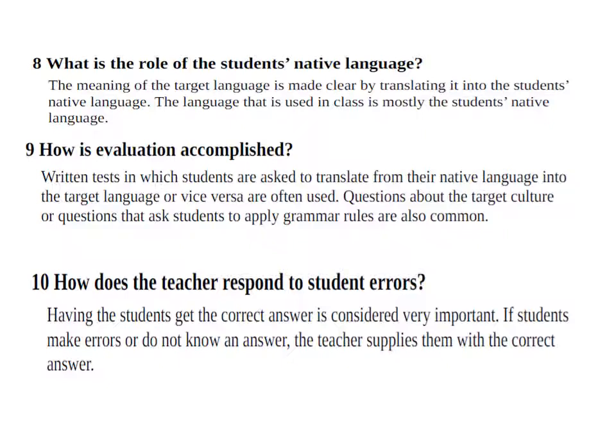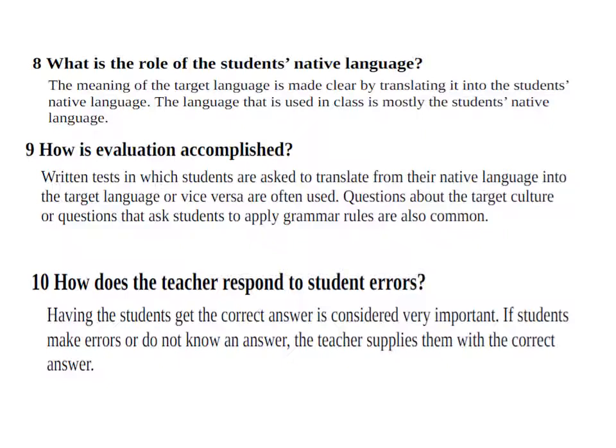So, when the teacher is asking the students to write the answer to comprehension questions, they write in the target language. But when he interacts with the students in the class, he uses the native language. The native language is used in the class mostly by the students and the teacher.